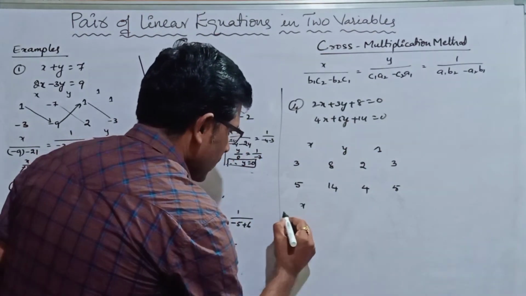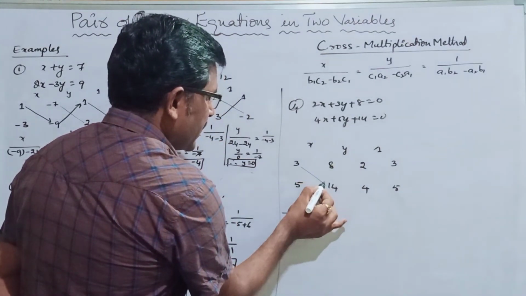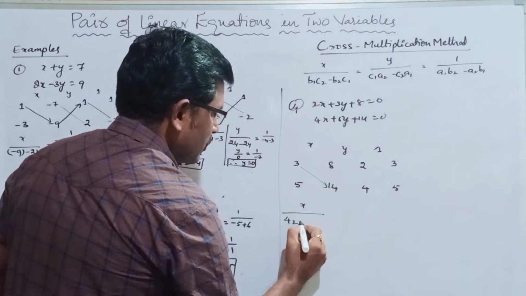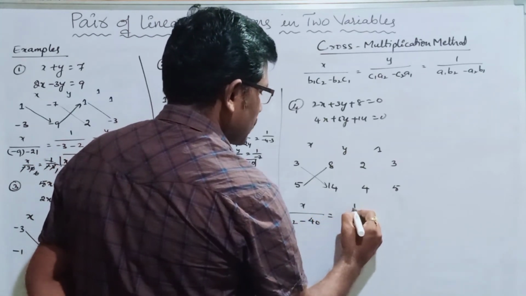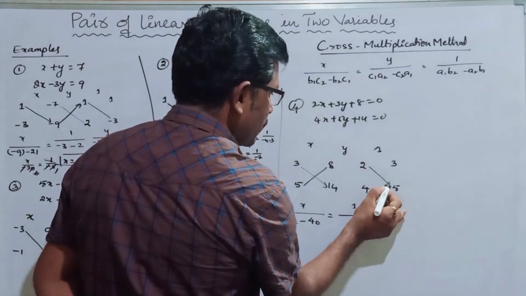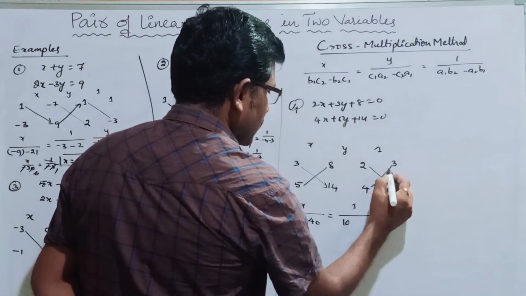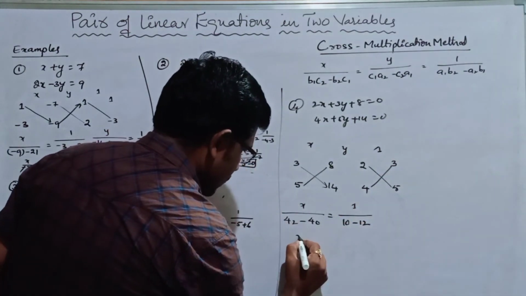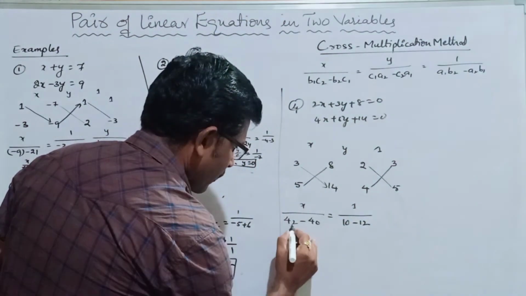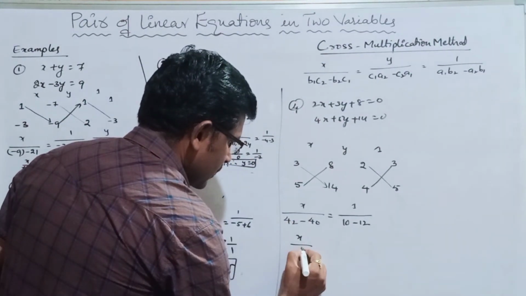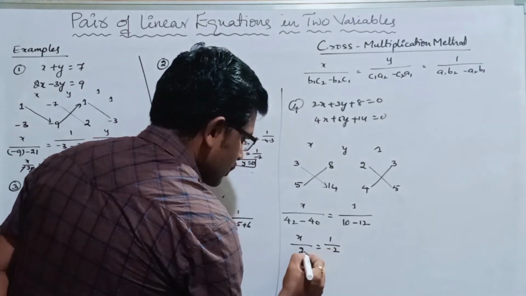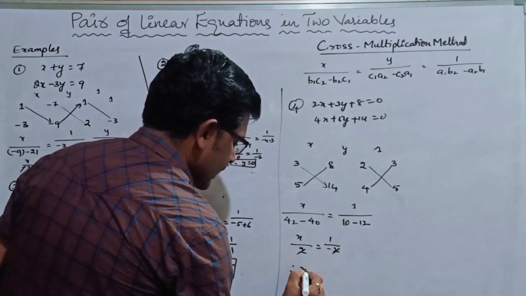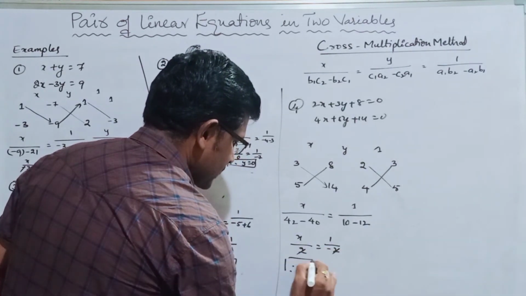So x by 14 3s are 42 minus 5 8s are 40, is equals to 1 by 2 5s are 10, 4 3s are 12. So x by 42 minus 40, 2, 1 by 10 minus 12, minus 2. Here 2 gets cancelled. x is equals to minus 1.